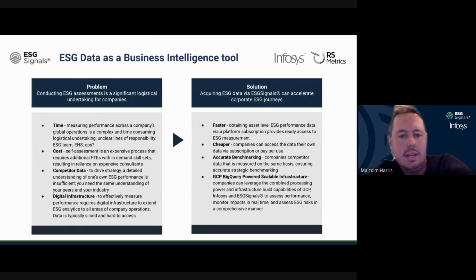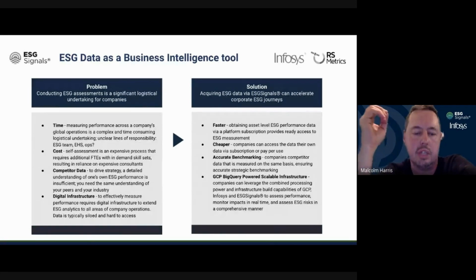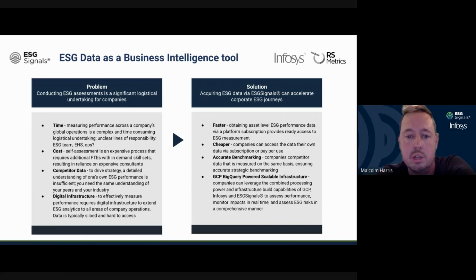So again, there's a problem with silos. The data is not filtering out into operations. If they can just sign up for a subscription that includes not only their own data but also their competitors', it becomes a much more accessible option. They can say, look, here's our own data. We've got it quickly. We can enhance it with new assets as we build more factories or buy other companies.